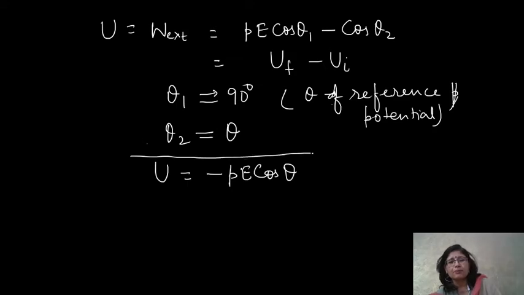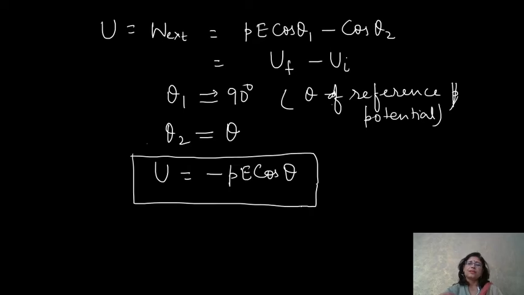This is the formula which we have derived for the potential energy stored in the dipole when it is placed inside the electric field. From this formula, we conclude about two positions of the dipole. First is stable equilibrium position and second is unstable equilibrium position.